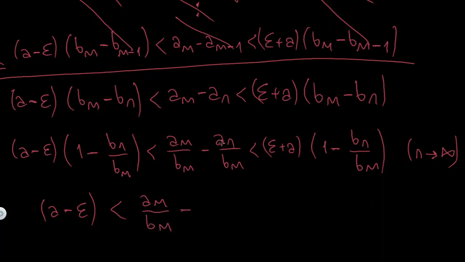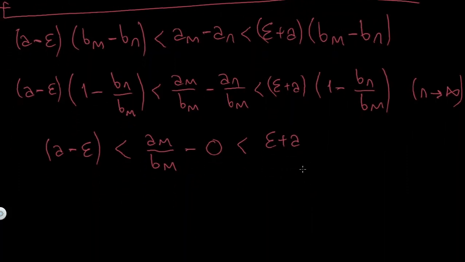less than. So again, this is exactly the same logic. a_n over b_m, b_m is a number, n goes to infinity, this limit will be 0, less than epsilon plus a, and this thing is exactly the same as that one, so it's going to be just 1. So what I got is that a minus epsilon is less than a_m over b_m, less than epsilon plus a.